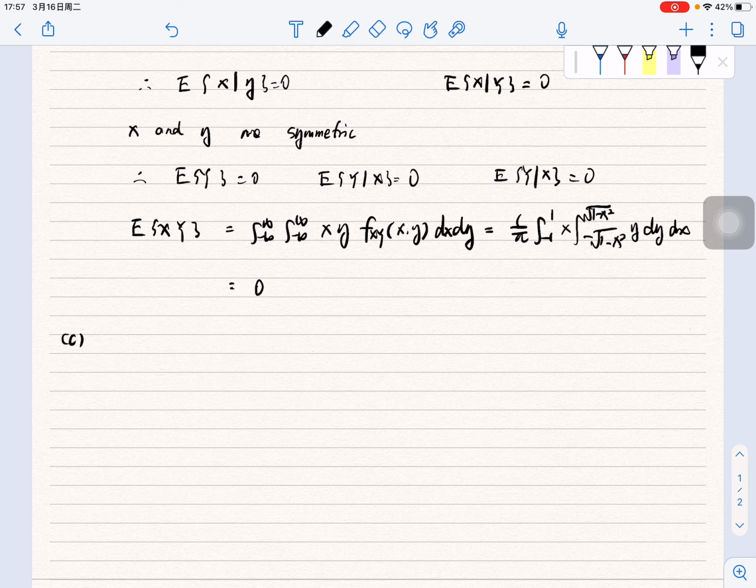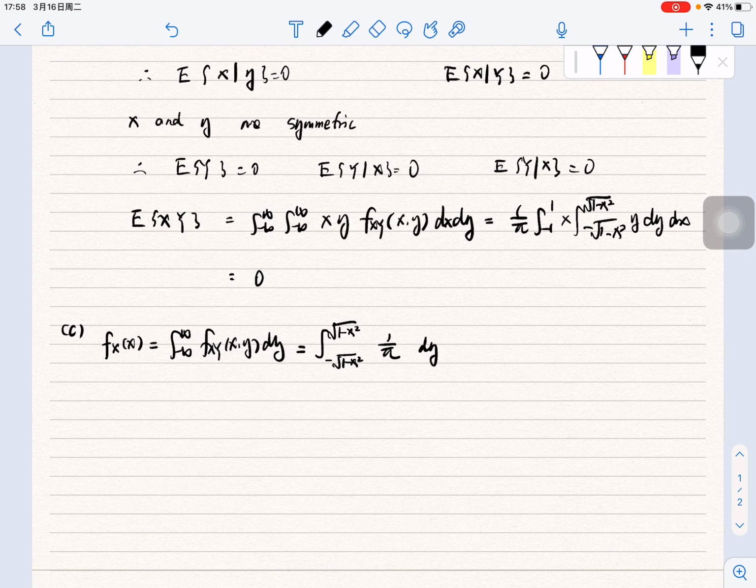And the question C, we need to prove or disprove x, y are uncorrelated. Firstly, we can calculate the density function of f_X. It equals the integration from minus infinity to infinity of f_XY dy. It equals the integration over the y range from minus square root of 1 minus x squared to square root of 1 minus x squared of 1 divided by pi.